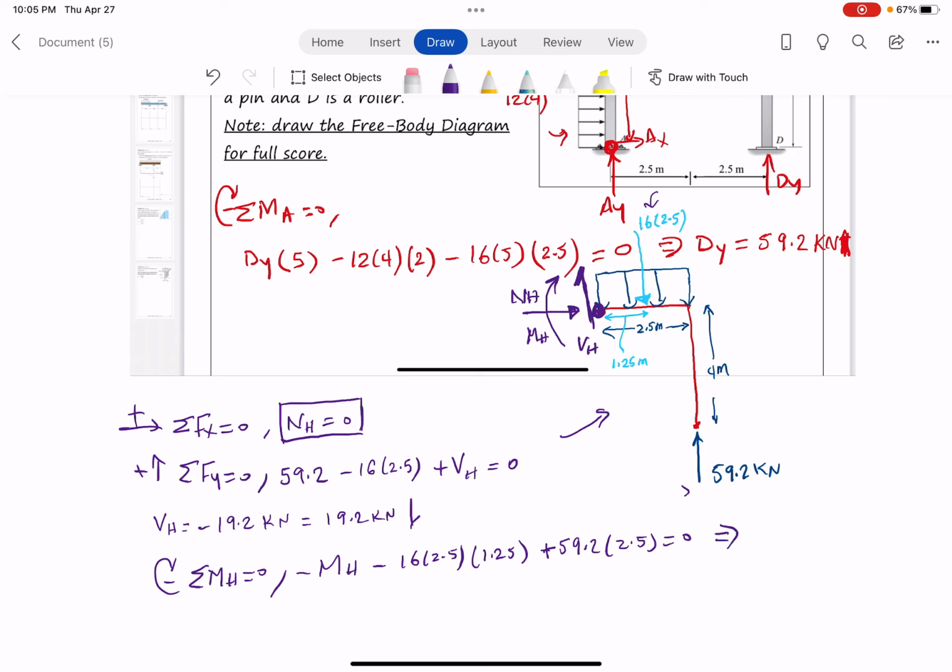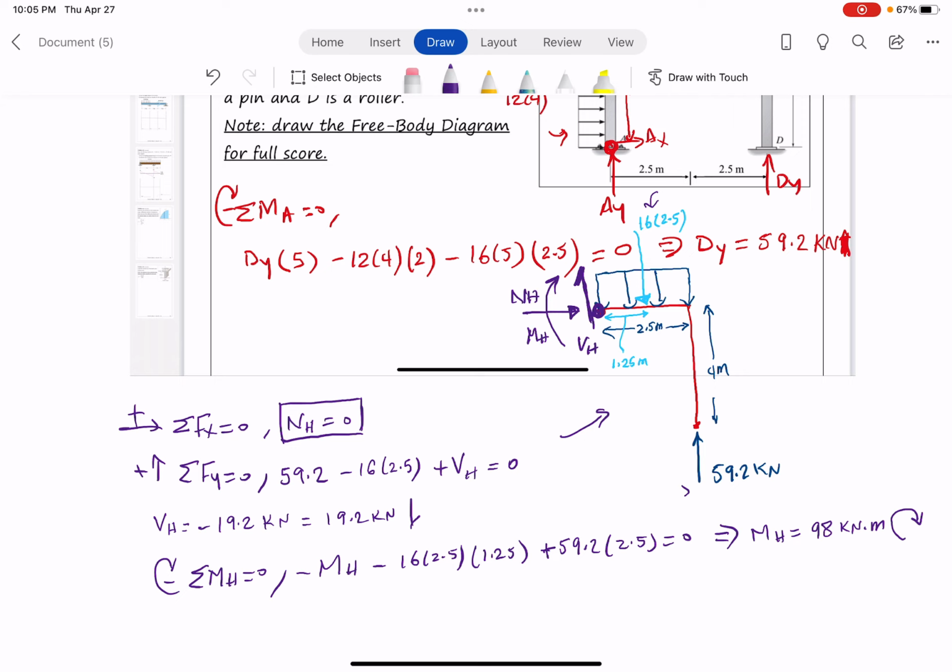So the moment at H is 98 kilonewton meter, and this is positive. Our assumption was clockwise, so it is positive, so it is clockwise.